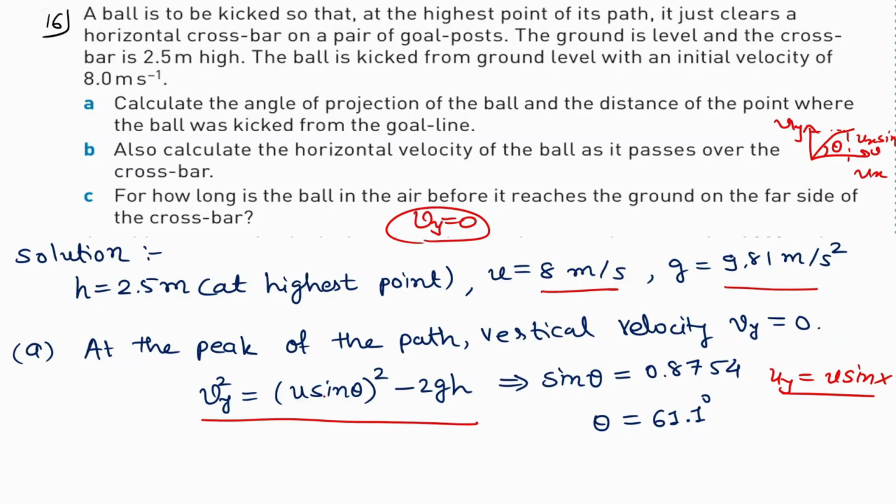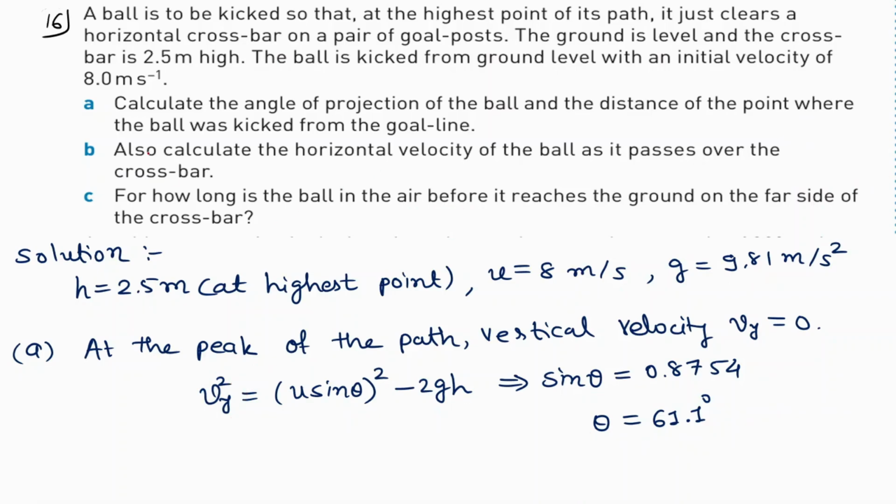We need to find the angle. We have Vy as 0, we know g, we know the height, and we got about 66.1 degrees.